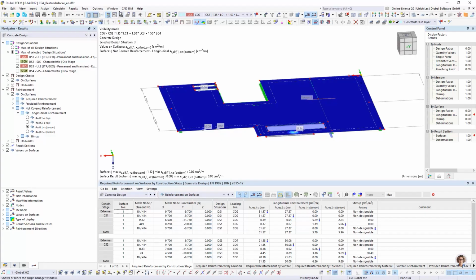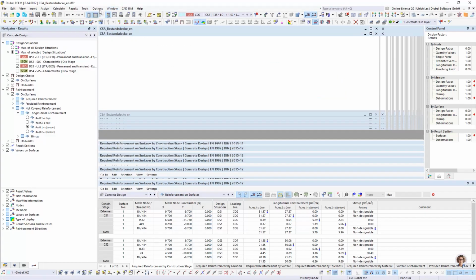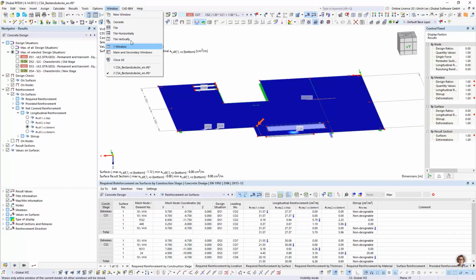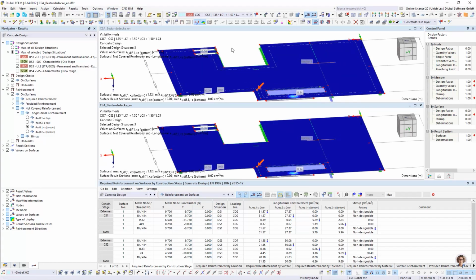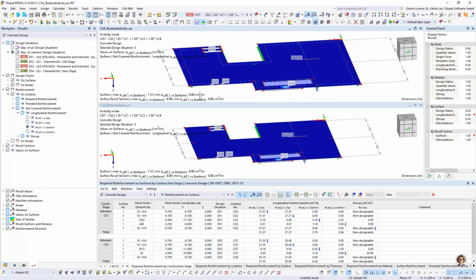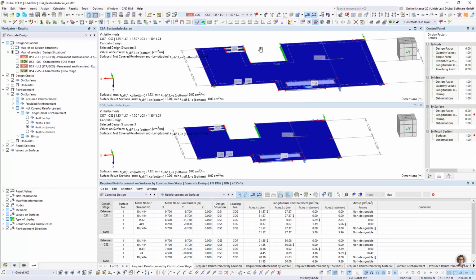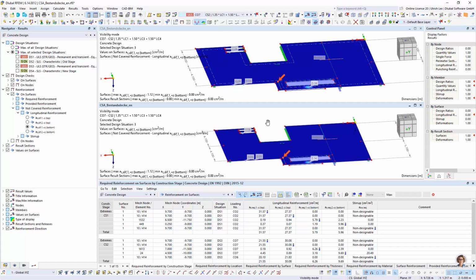As I showed, you can easily create a second window and compare the different stages in this way. So this is all from my side.